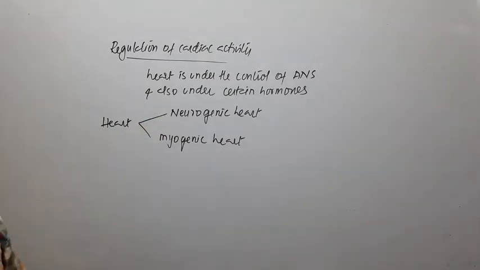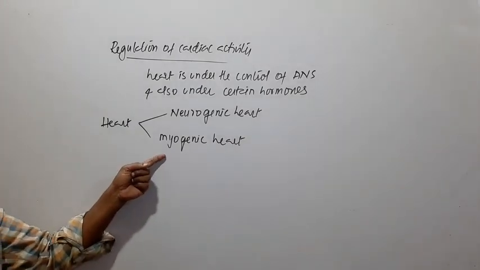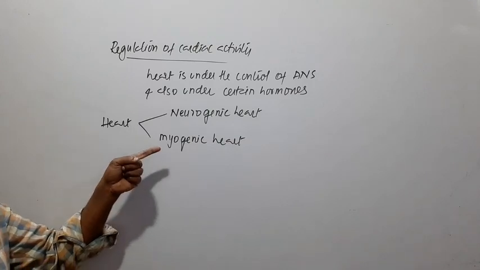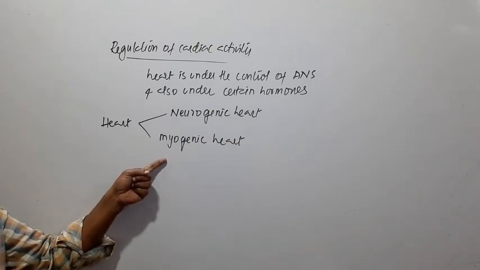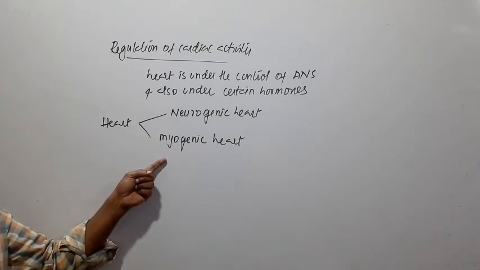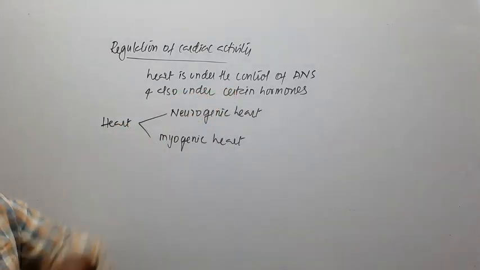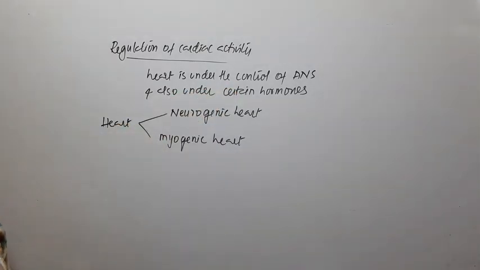In the case of neurogenic heart, the heart is under direct control of the nervous system. In the case of myogenic heart, it is also under the control of the nervous system, but indirectly, through the autonomic nervous system.